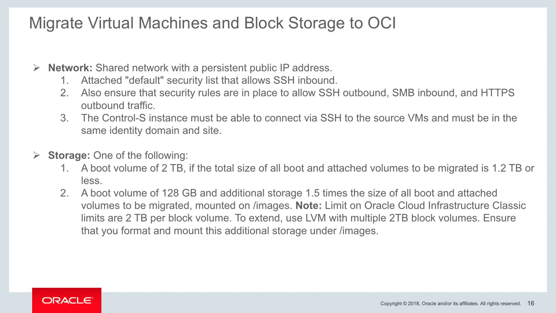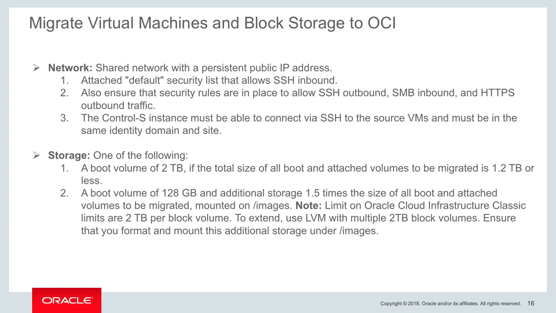Also ensure that security rules are in place to allow SSH outbound, SMB inbound, and HTTPS outbound traffic. The Control S instance must be able to connect via SSH to the source VMs and must be in the same identity domain and site.